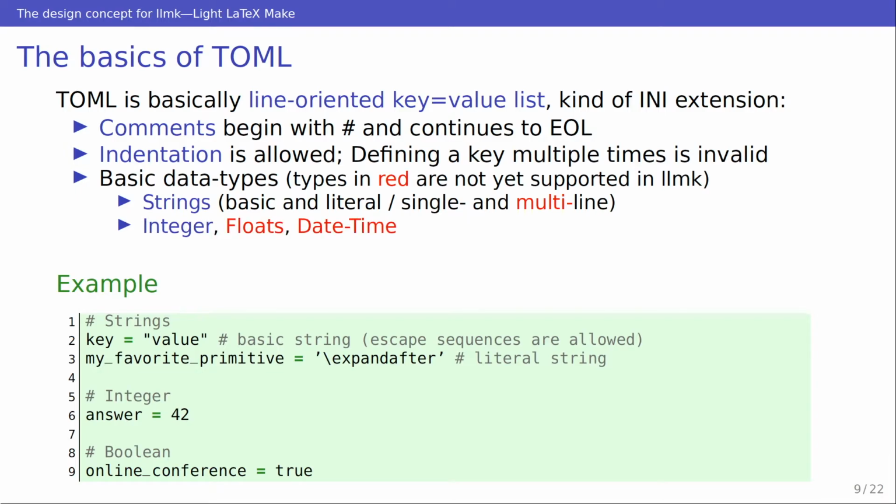There are also integers, floats, and notably date-time specific types, and of course Boolean. It also has several more basic data types. Here, the types written in gray letters are not supported yet by llmk because we don't have keys to use those data types.